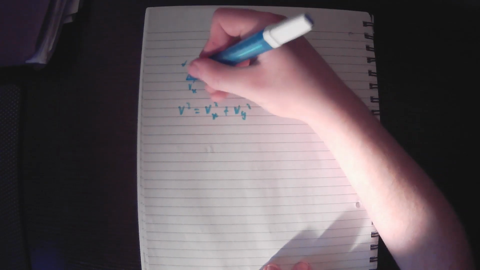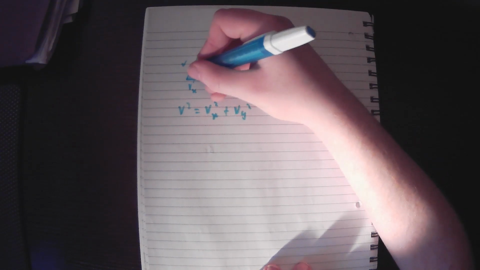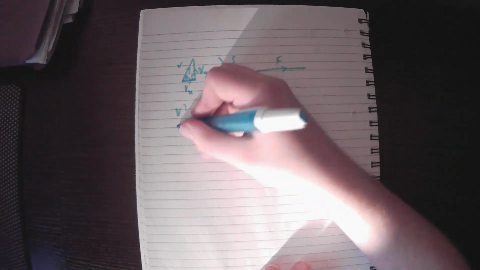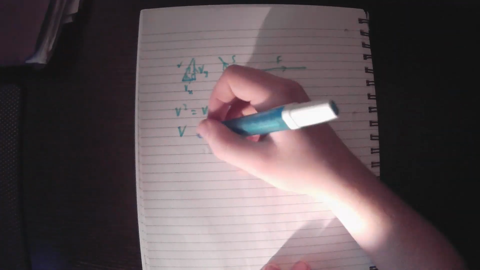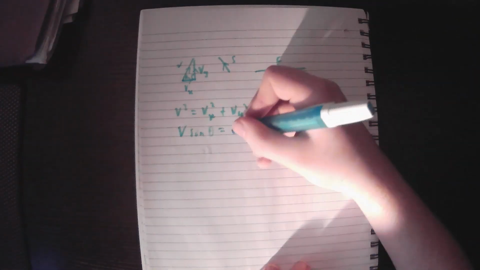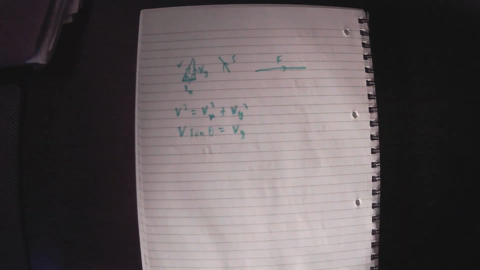So say that we have this angle here, theta, then v sine theta equals vy, because you may know SOHCAHTOA, SOH, so opposite is sine times hypotenuse, so the hypotenuse is v, and sine theta we already know.